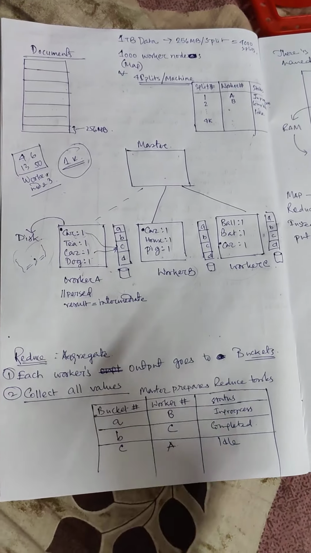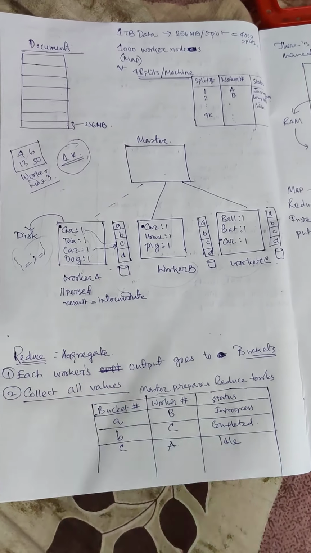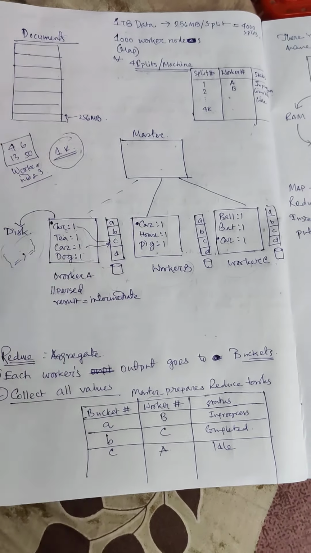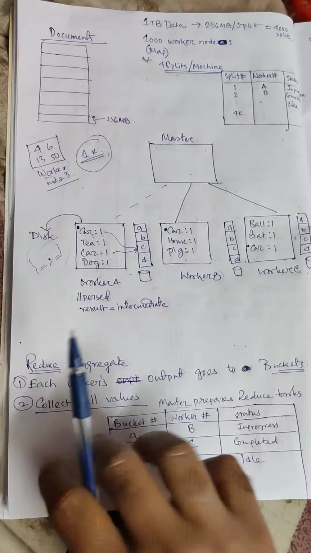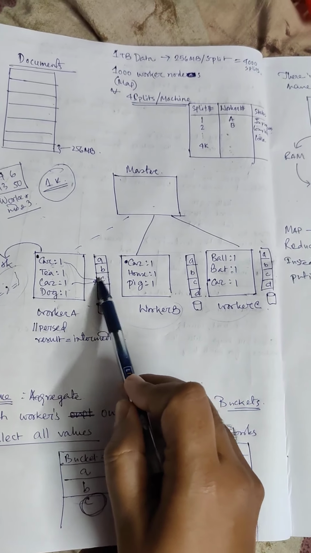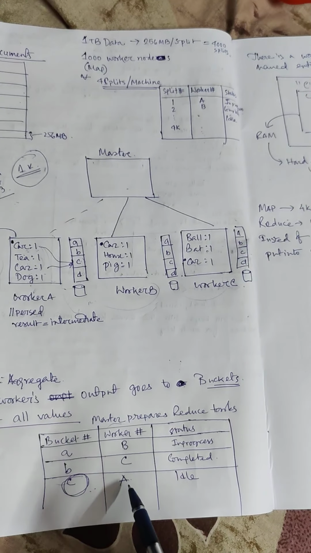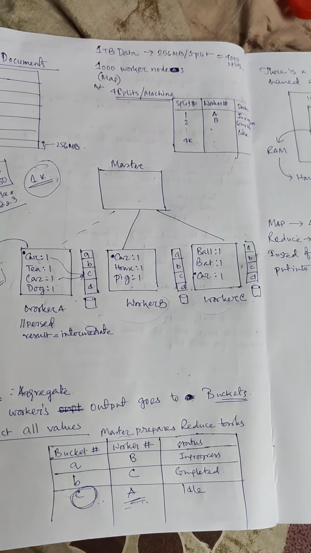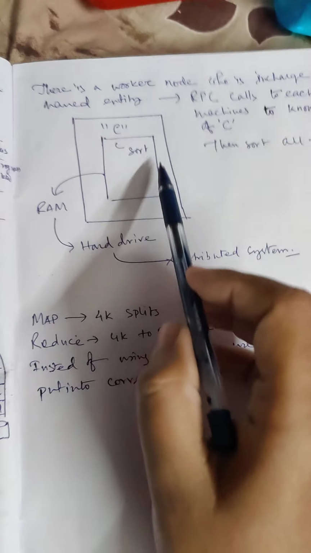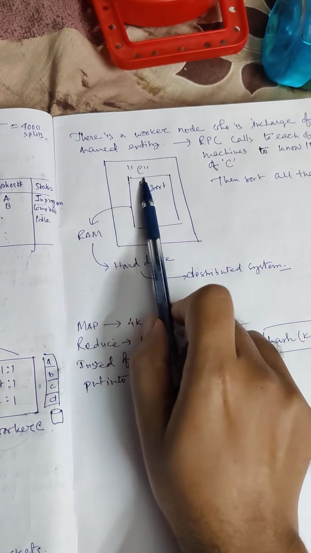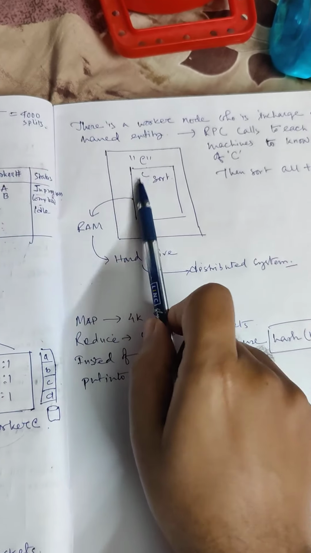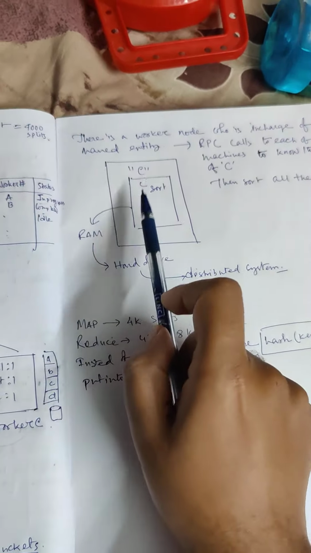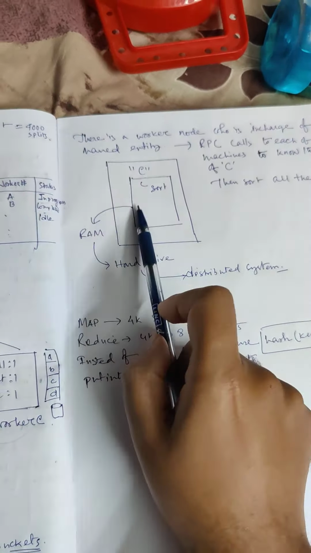Is it idle? Now we will define what this worker means. Suppose bucket C is associated with worker A. What will that worker exactly do? That worker, for example, is accumulating or aggregating everything which is responsible for C.